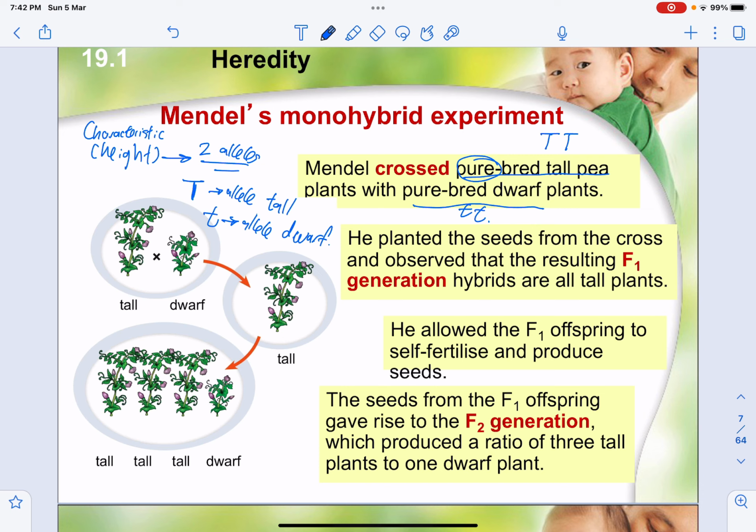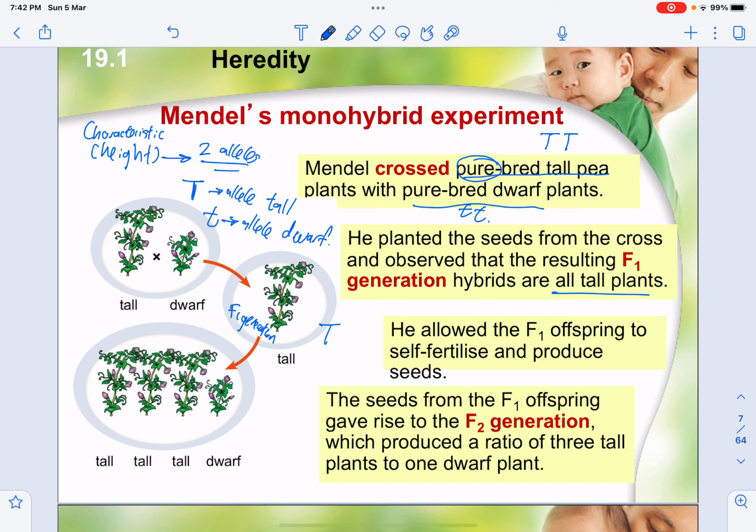So what happens is he planted the seeds from the cross and he observed that the F1 generation is all tall. Later on we will look at the crossing in the genetic diagram.